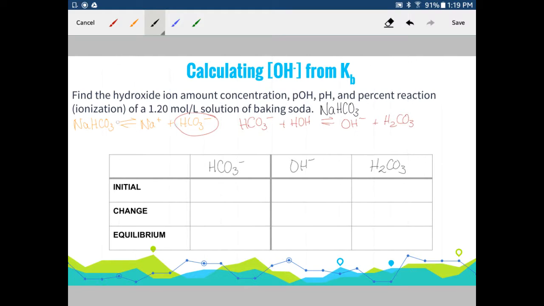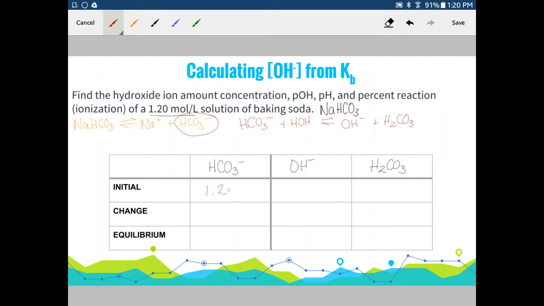Now, if this was some sort of a dissociation where it wasn't a 1-to-1 ratio, ensure that the value they've given you, in this case 1.2 moles per liter of our solution, is adjusted. If you have 2 moles, for example, of your base once you've dissociated, make sure you multiply this number by 2 because the mole ratio dictates that you have to multiply it by 2. In our case, we're all good and we can just plug our number into our ice table.